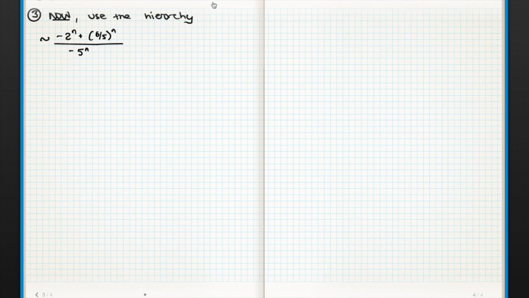Now we can go a little further and see that even though these are both exponentials, the one with a bigger base is a higher order. So 6 over 5 is 1.2, so 2 to the n is going to be a higher order. And that's the one that we're going to keep. Remember that the minus does not affect the order, so you're just comparing 2 to 6 over 5.